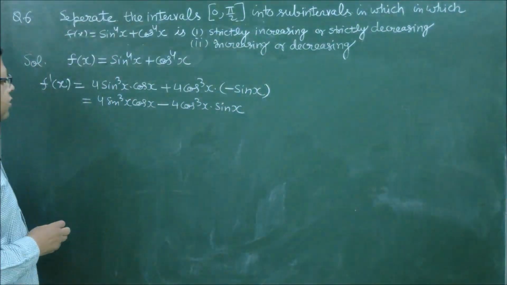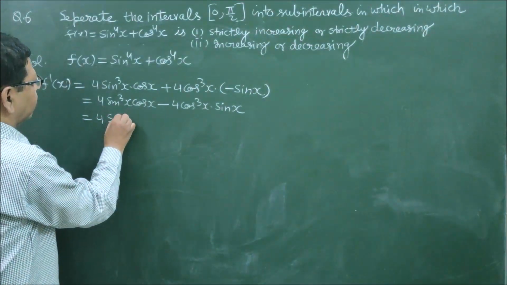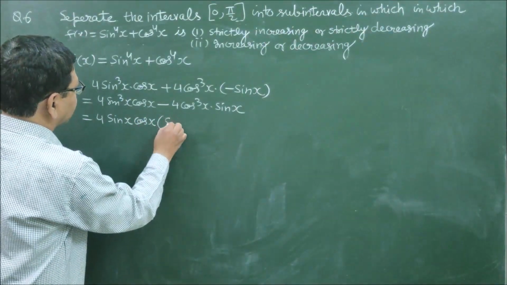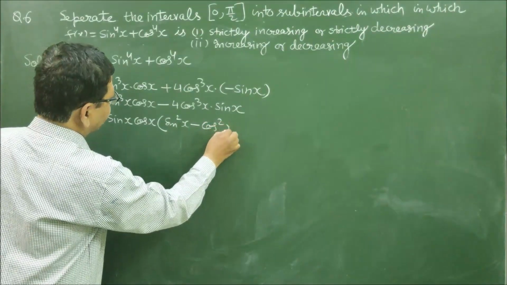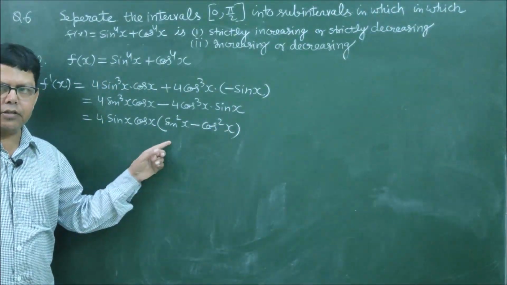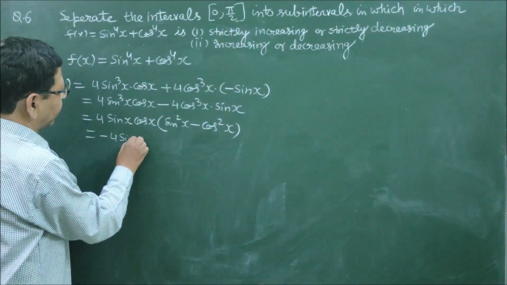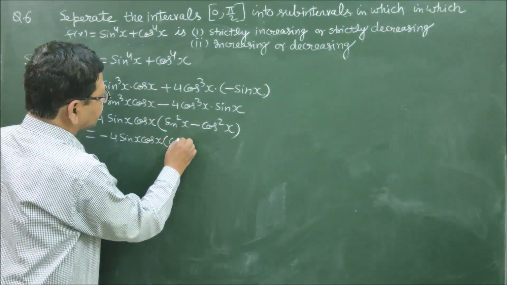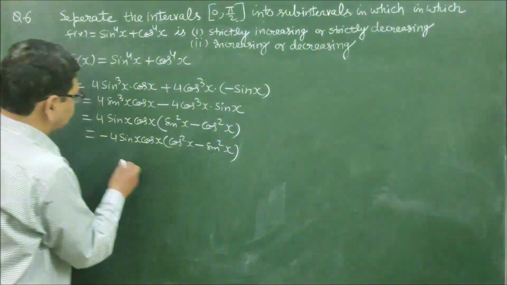Now taking 4 sin x cos x common, we get sin square x minus cos square x. Now from the second expression we can take minus sign common, minus 4 sin x cos x into cos square x minus sin square x.